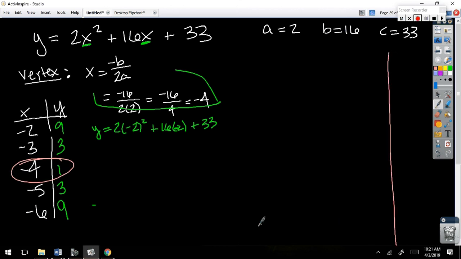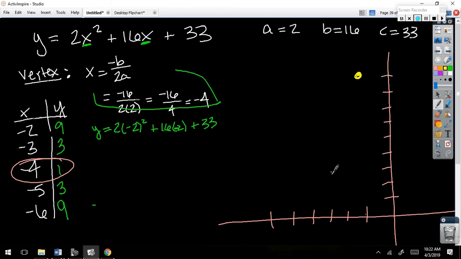So what's going to happen is 1, 2, 3, 4, 5, 6, 7, 8, 9. 1, 2, 3, 4, 5, 6. -2, 9. -3, 3. -4, 1. -5, 3. -6, 9.